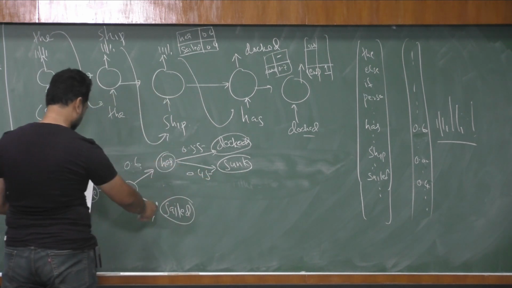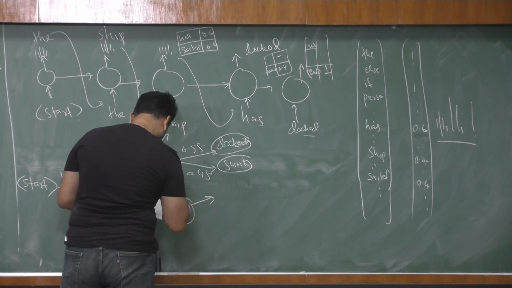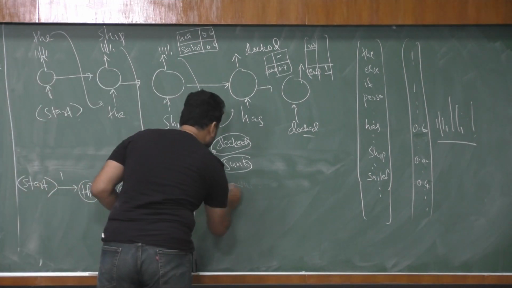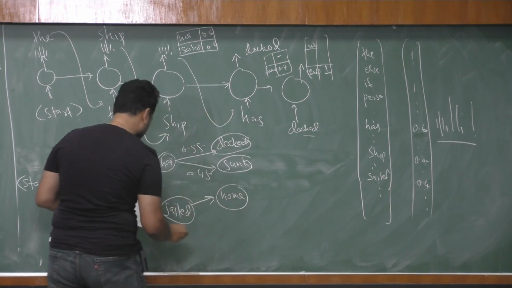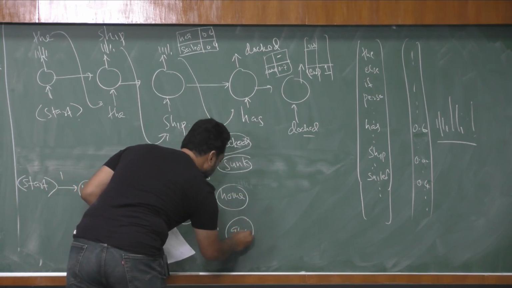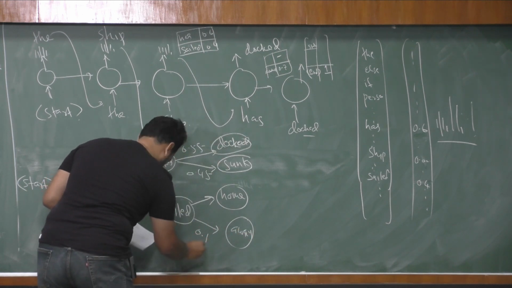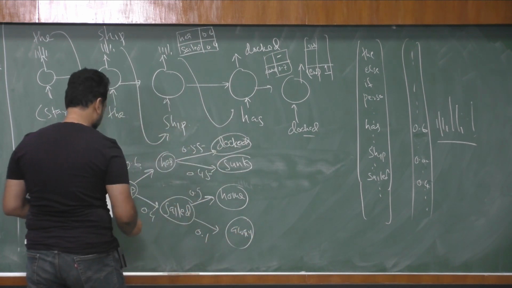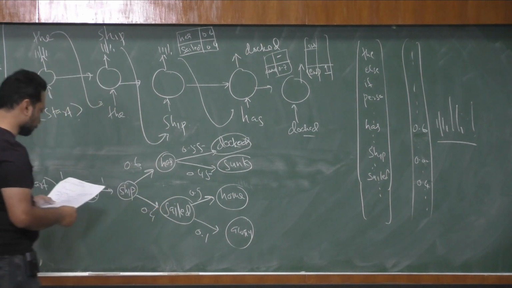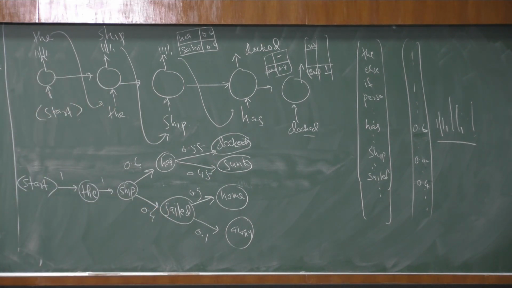And here again let us say we have two branches: this is "sailed home", and here this is "sailed away". So this is 0.1, this is 0.9, this is 0.4, and so on. In this example we have written down the probability values, so higher will be better.